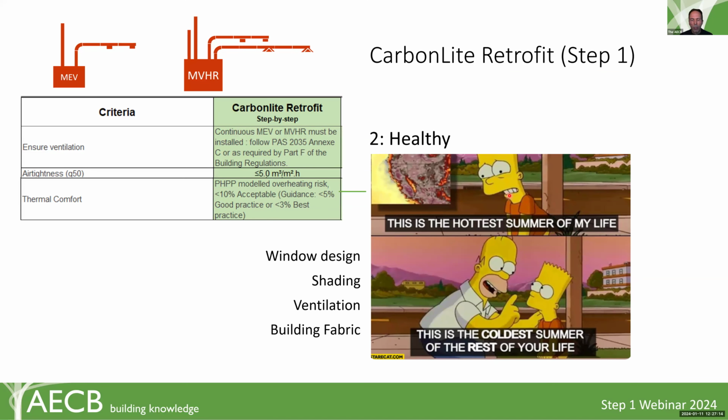Less of a problem in this country, but still an issue that we have to address and can't avoid. Fortunately, the Passivhaus planning package already has a criterion for that, which we can use, and we use the same rules as they do. Less than 10% is acceptable, but really best practice would be less than 3.